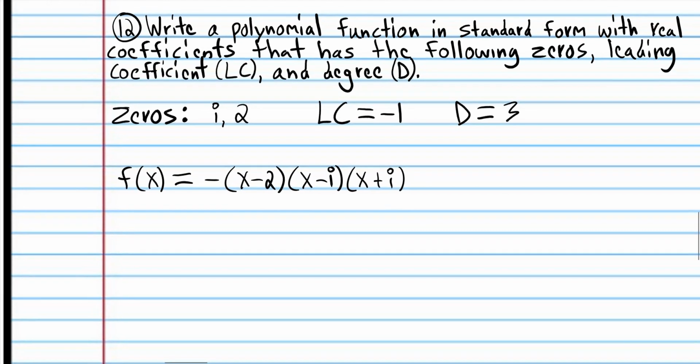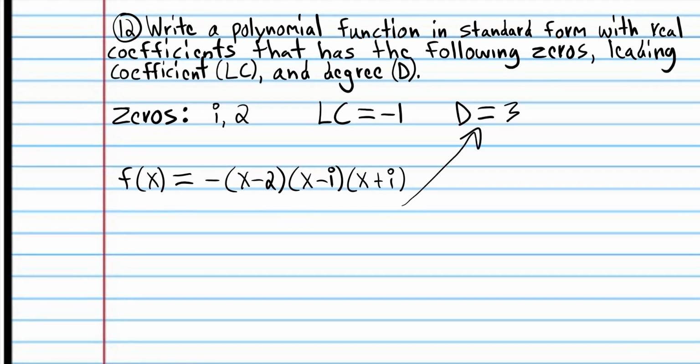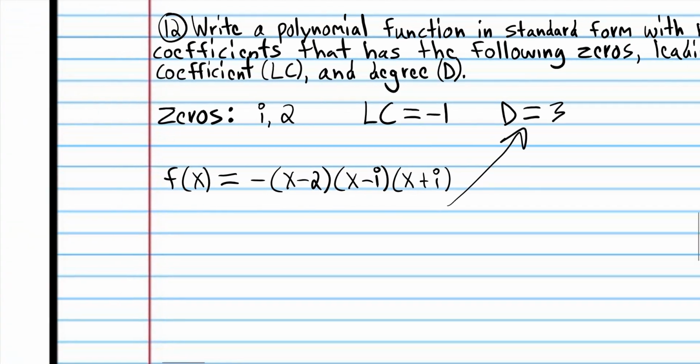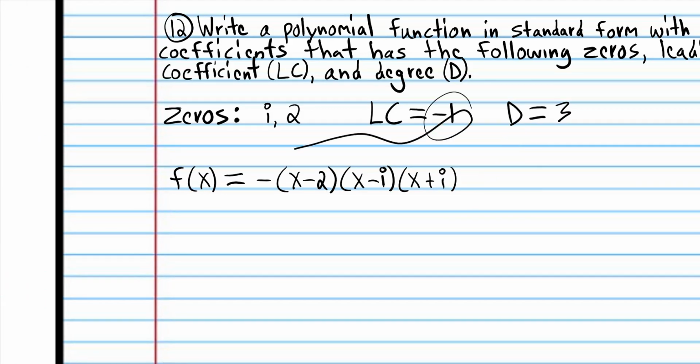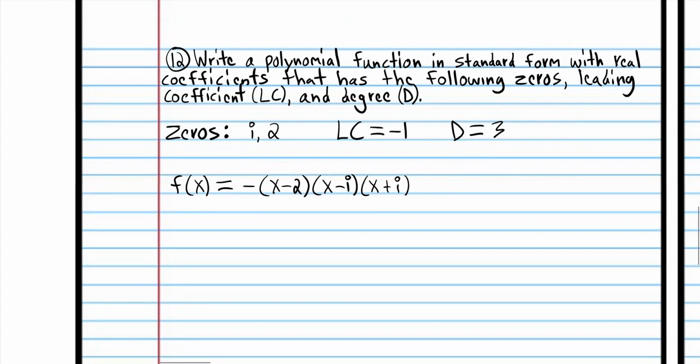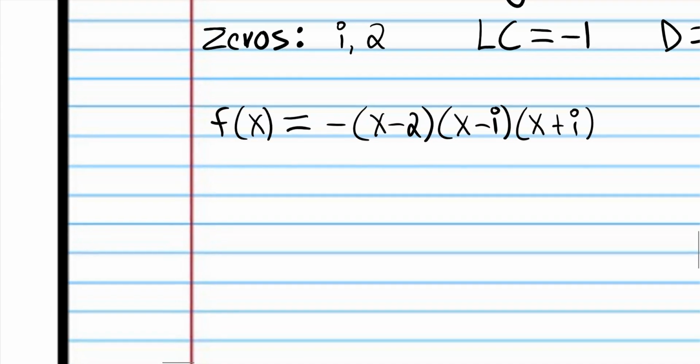Okay, so now we have three zeros, which means that we're going to have a degree 3 polynomial. We've got our leading coefficient, and now it says write the function in standard form, which means that we just need to expand that expression. So let's go ahead and do that.